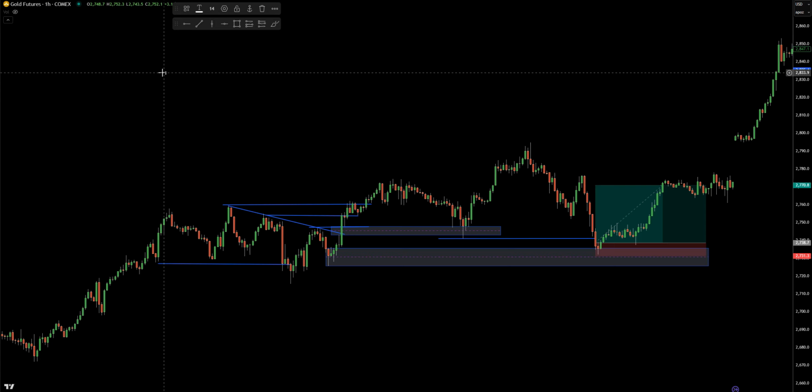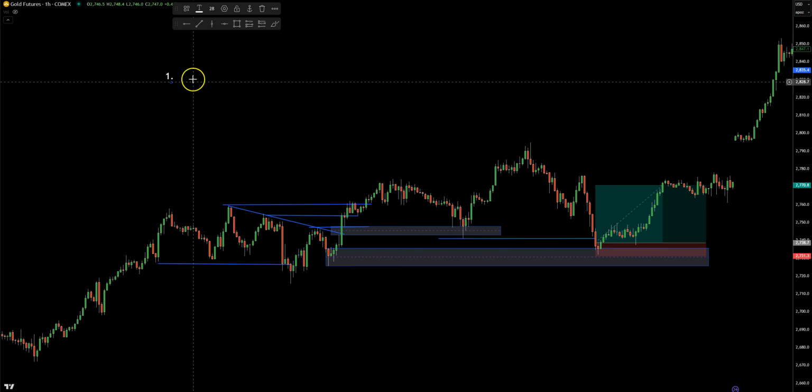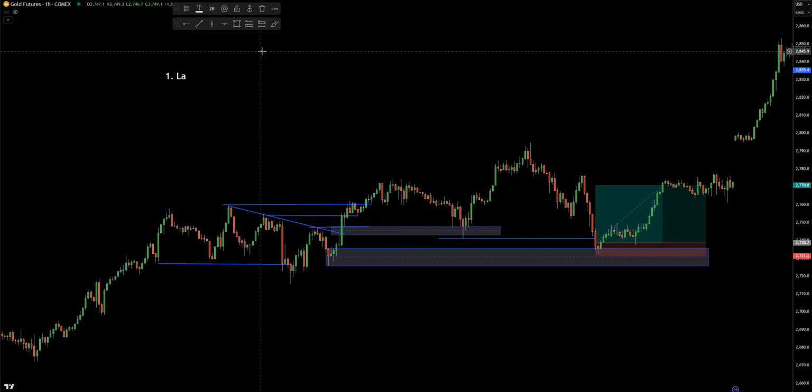So let me make this thing bigger. So one, you need a large move with imbalance or an FVG. All right. You need a break of structure.